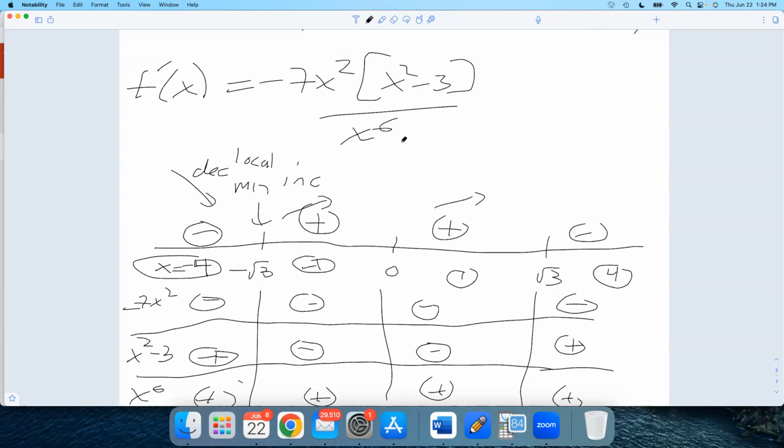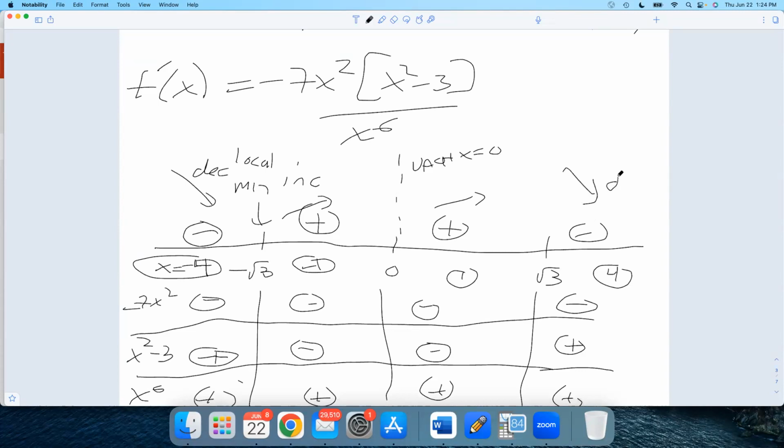So we know we have a vertical asymptote here. So recall vertical asymptote at x equals 0. So the graph is going to be increasing on the left of that and increasing on the right again. And then over here, we're decreasing again.